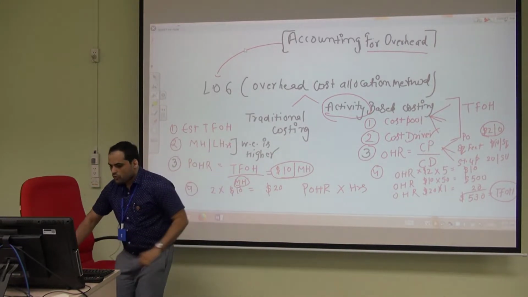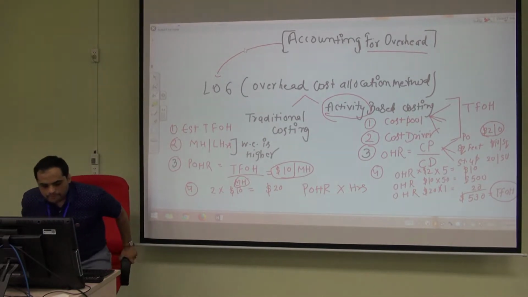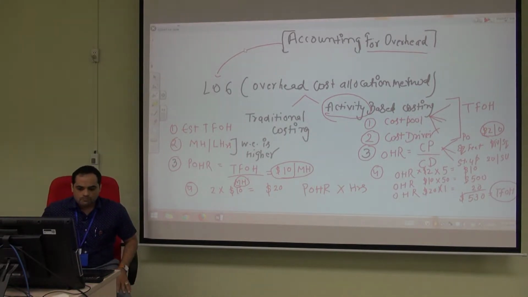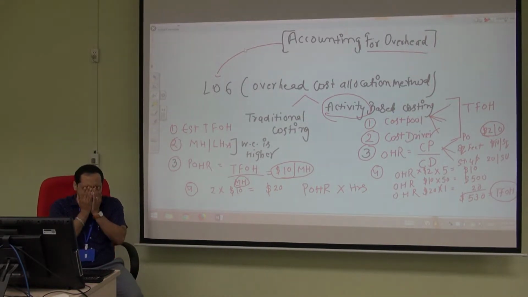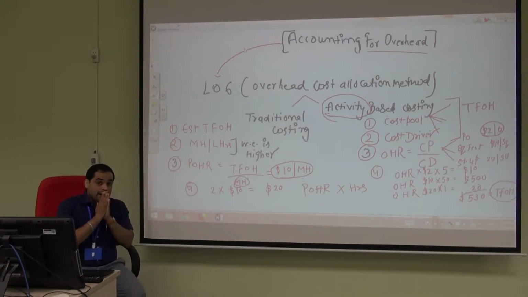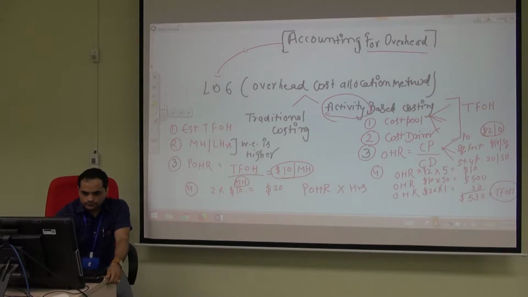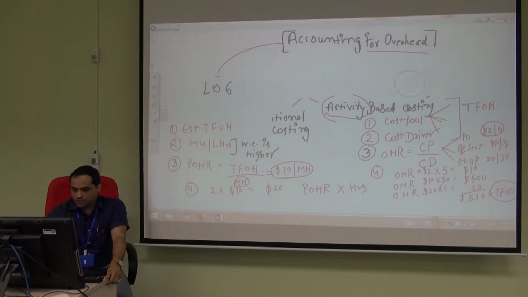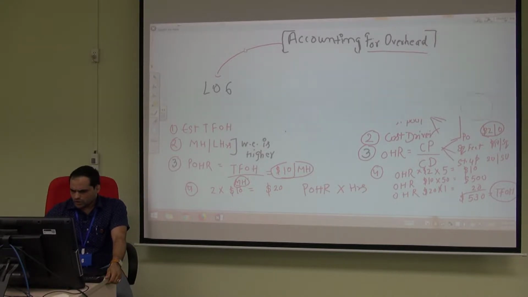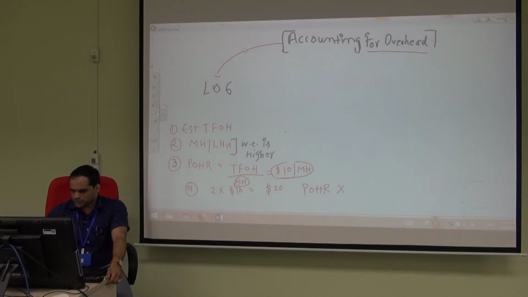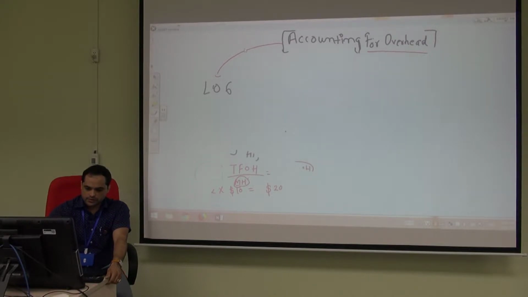Now we move on to the last learning outcome, which is about over and under applied. And remember, in your exams, I'm going to ask you questions related to traditional costing and activity-based costing.